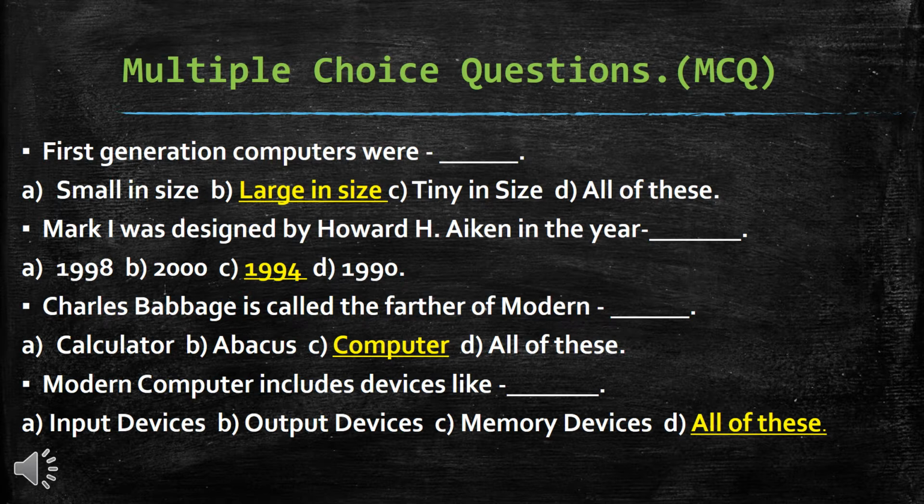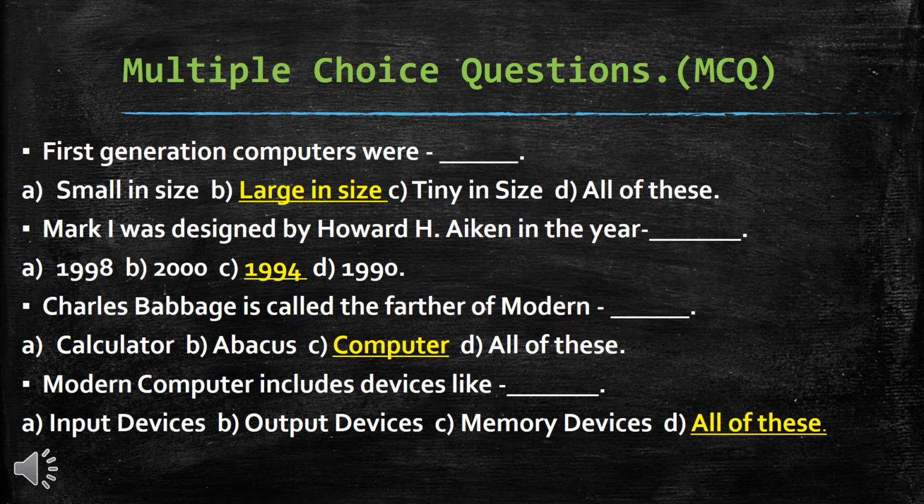Charles Babbage is called the father of modern dash. Options are calculator, abacus, computer, all of this. Charles Babbage is called the father of modern computer. The next one is, modern computer includes devices like dash.